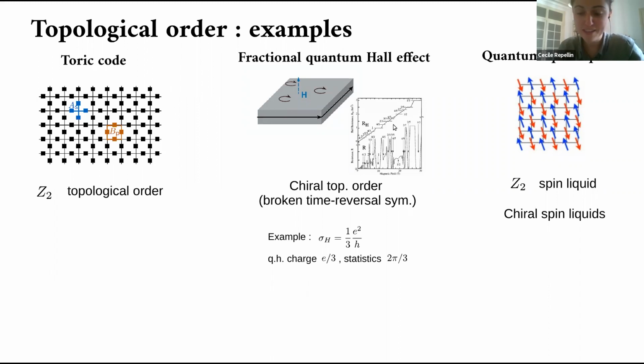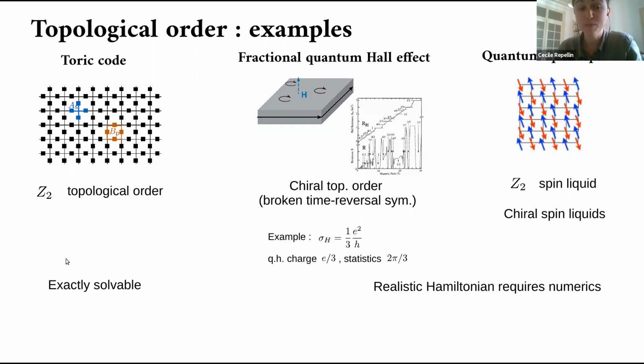So for the purpose of this lecture, I will be focusing on the category in the middle, the fractional quantum Hall effect. And why is it important to have numerical tools to approach these topologically ordered phases? Well, as you may know, the toric code model is an exactly solvable model, but really it's an exception. It's extremely convenient to study properties of anyons, for example.